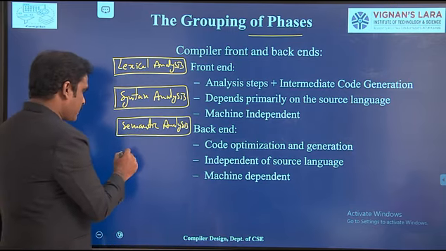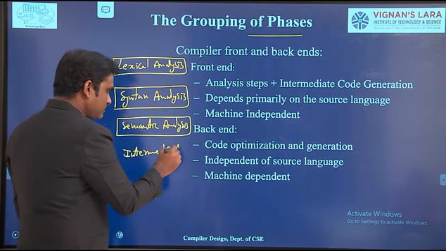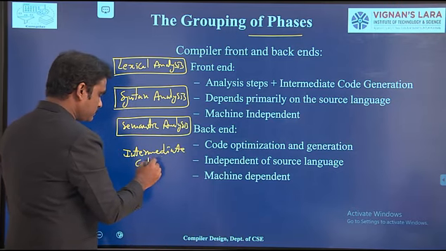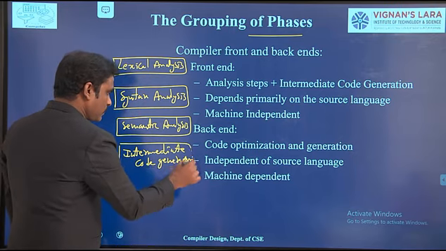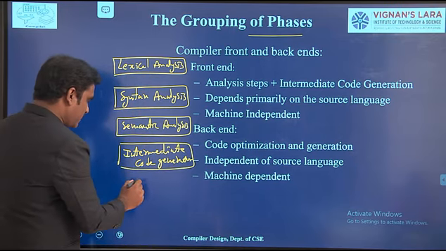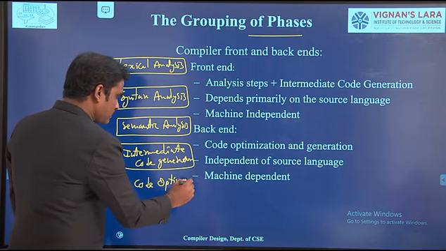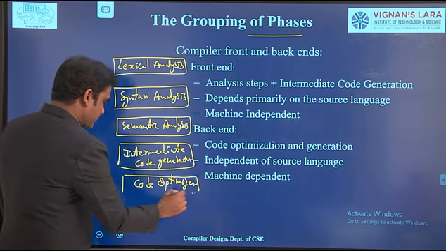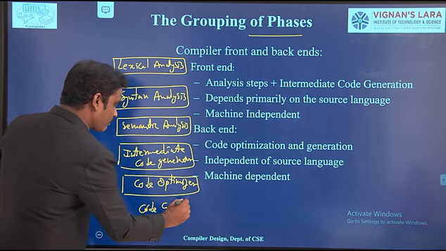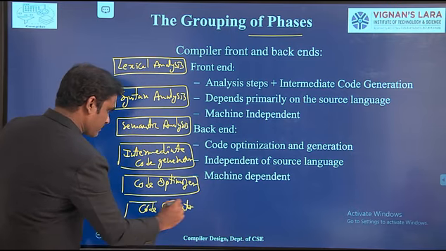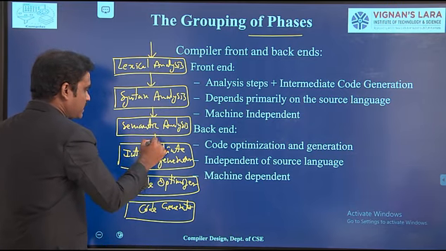Fourth one is intermediate code generator. Fifth one is code optimizer. And the last one is code generator. So we have a total of 6 pages.